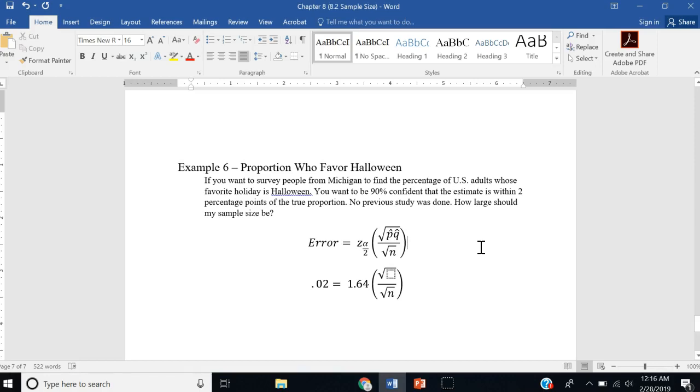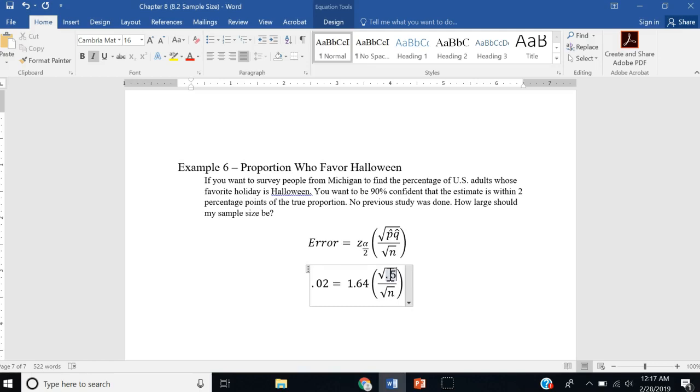So what happens if I don't have a previous study? Well, the short way to say this is we use the worst scenario possible. And with proportions, we actually have a worst scenario possible. The worst scenario possible is the 50-50 case.